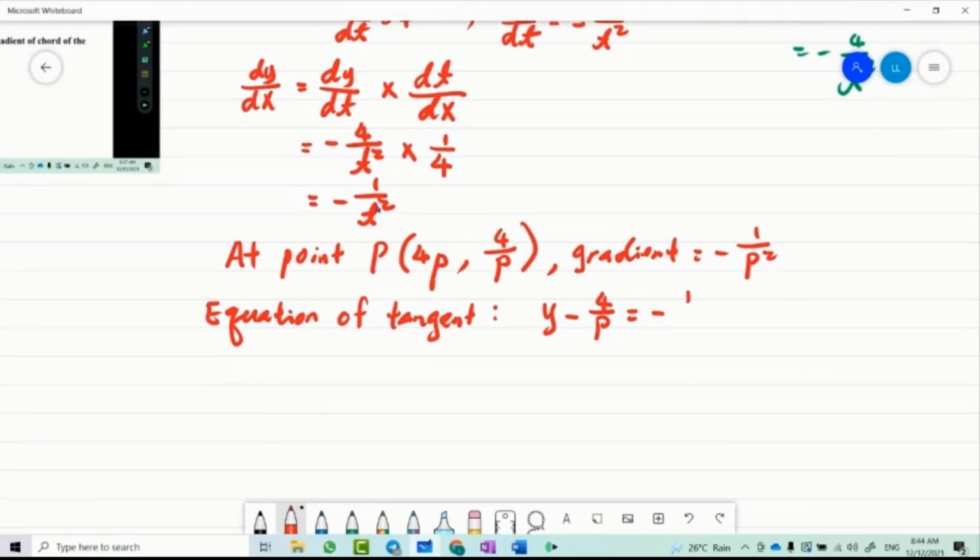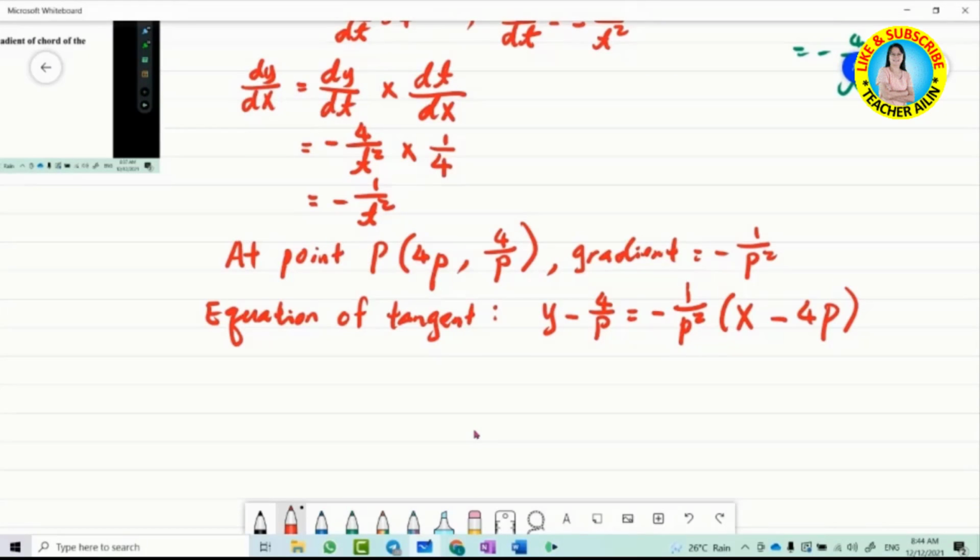So ini t adalah secara general. So y minus y1 equals -1/P kuasa 2 times x minus x1. Macam tu. So the parameter will change ikut dia punya titik.